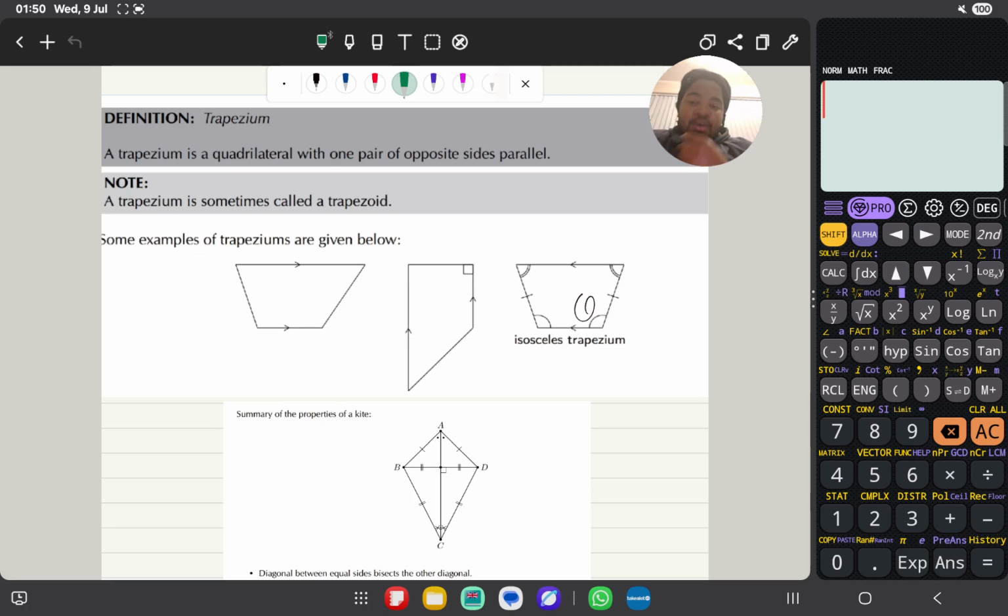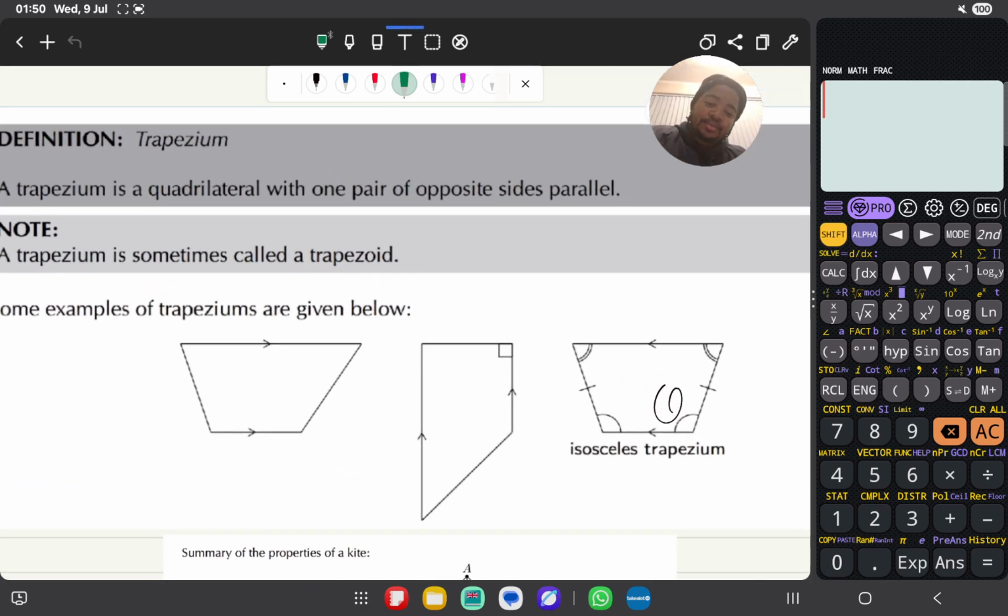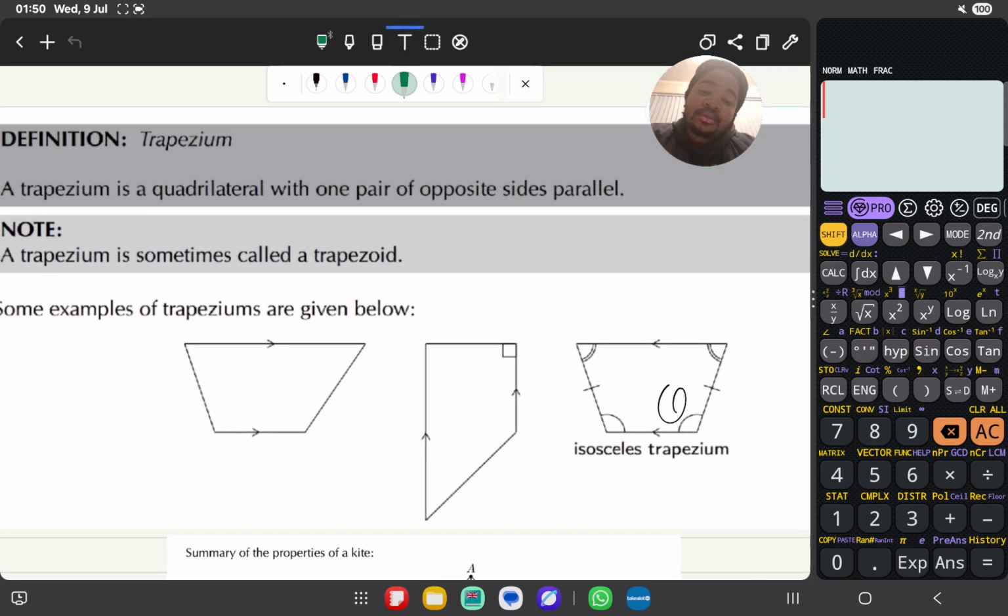Here for the trapezium, we find something interesting. Only one pair of opposite sides is parallel.